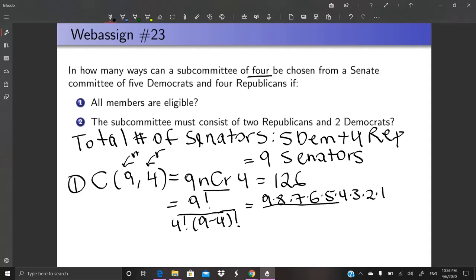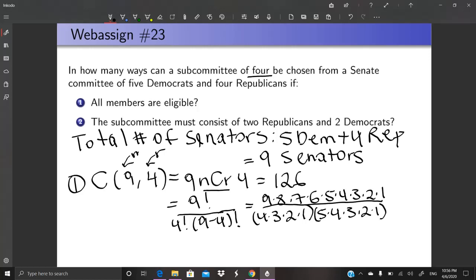So all those numbers multiply together. At the bottom, we get 4 factorial, so 4 times 3 times 2 times 1. And 9 minus 4 factorial, that's the same thing as 5 factorial. So that's 5 times 4 times 3 times 2 times 1.